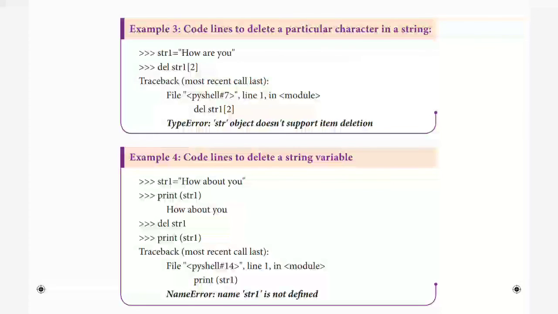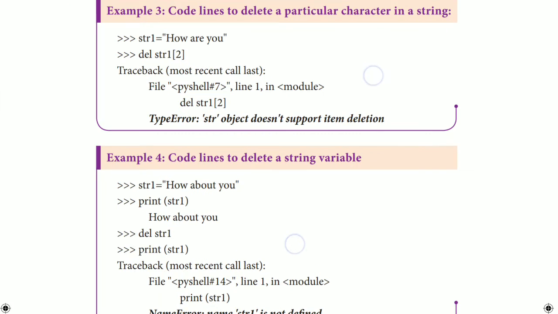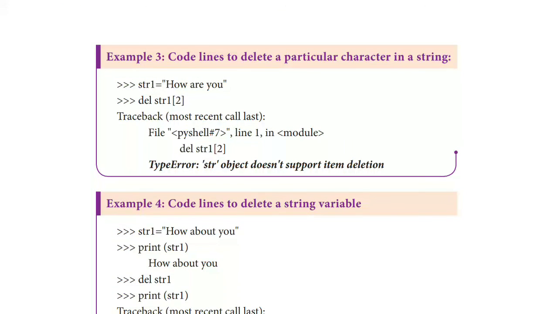This keyword can be used to erase the content of the variable. Okay, so here is the code line to delete a particular character in the string. You can see that how are you is stored in str1. Now we are trying to delete a particular letter from this how are you.